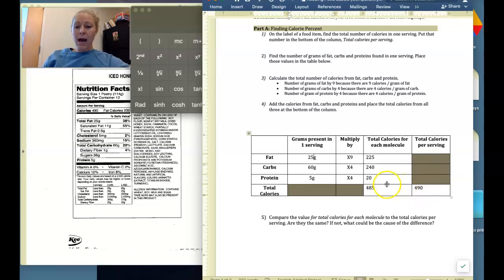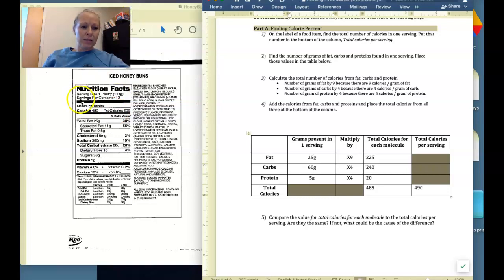So this is how we find the number of calories, or the amount of energy, in a honey bun or in any food. We use that nutrition label. Something to keep an eye on is what the serving is. Sometimes if you're drinking a soda, there are 2 servings per container.